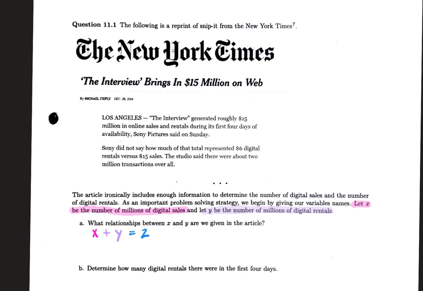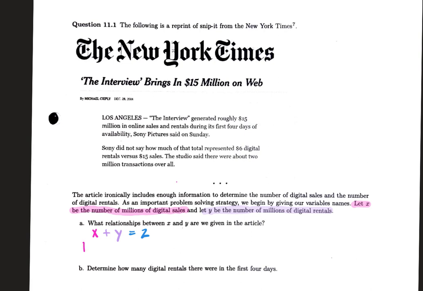Okay, the other piece of information they tell us is that we have $15 million in online sales. So the total amount we earned from X plus the total amount we earned from Y is equal to 15 million. What that looks like here is, digital sales is our X, and our digital sales were $15.